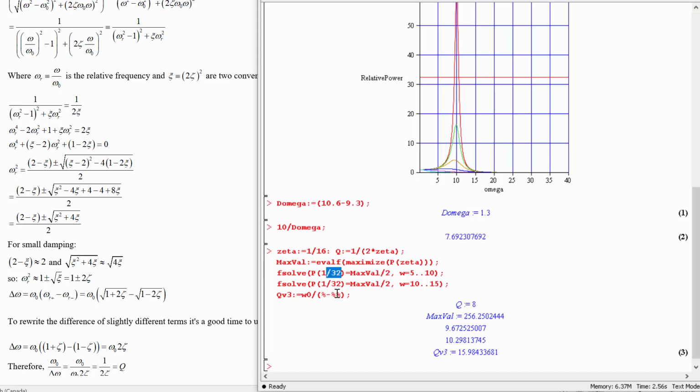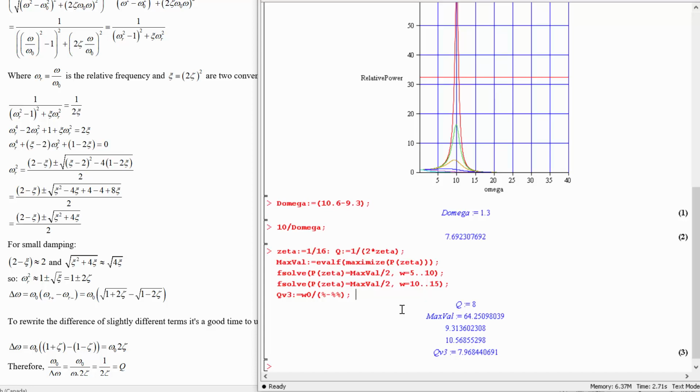So we'll put zeta there, and zeta there. Okay, so then if Q is 8, using this calculation, we find that this Q is 7.96.